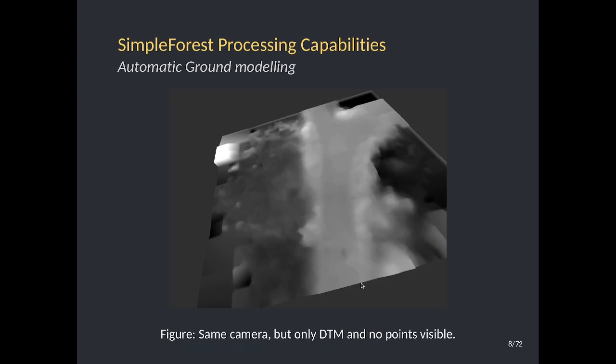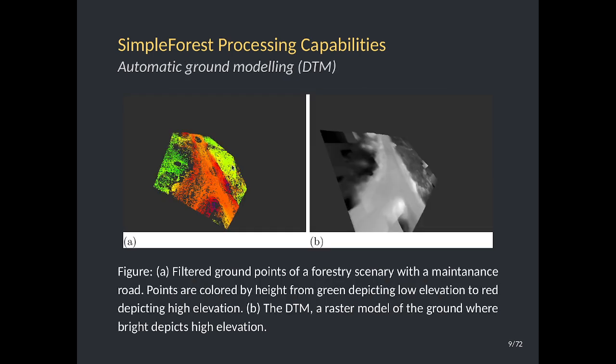If we remove the points, we see the quite fine resolution digital terrain model with a forest road. Here is the same data. We see on the left the point cloud, and the forest road points are colored in red, and here we can see clearly the same structure.